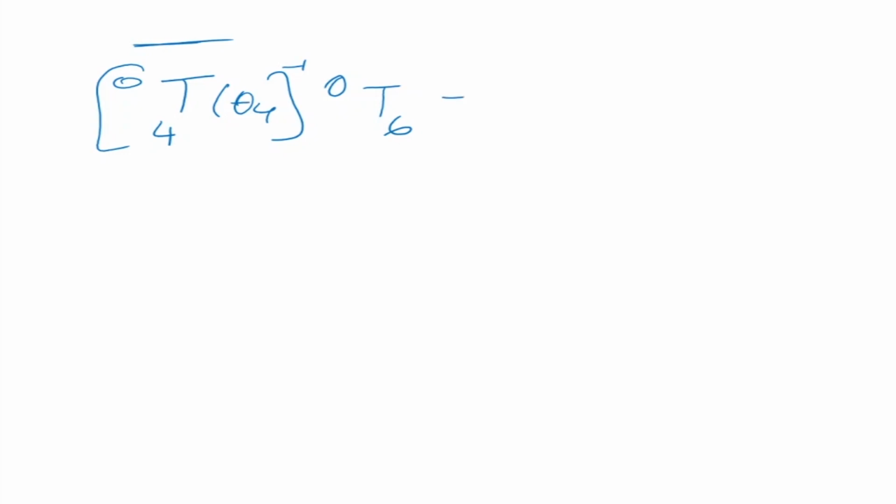So what we are doing basically is bringing the inverse of this matrix onto the left hand side, because all the variables here are known. On the right side we are left with theta 5 and theta 6. So this is a variable of theta 5 and this is a variable of theta 6.